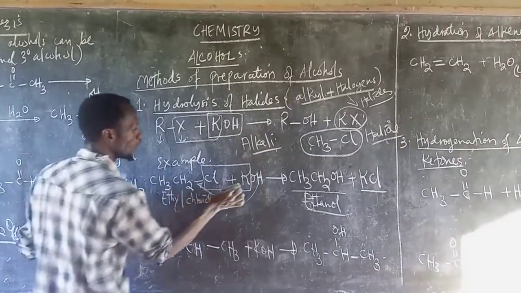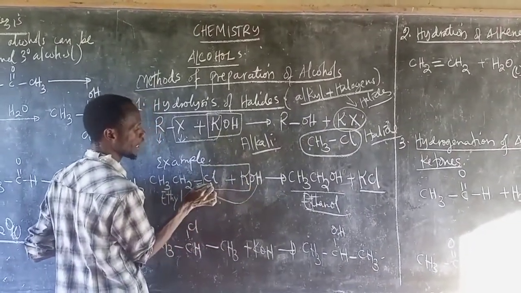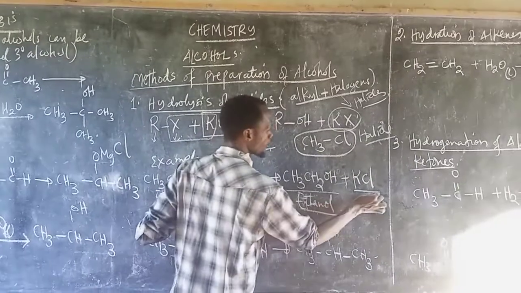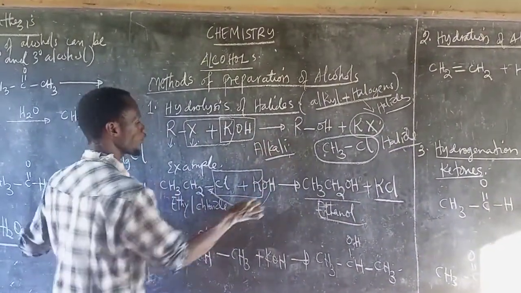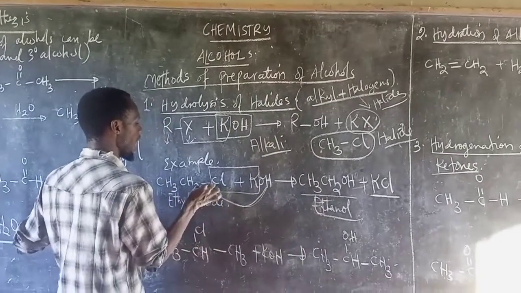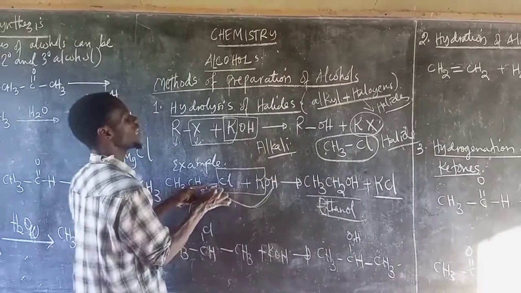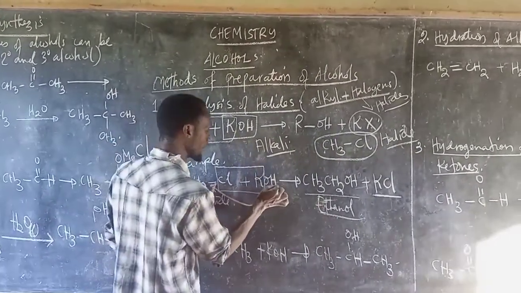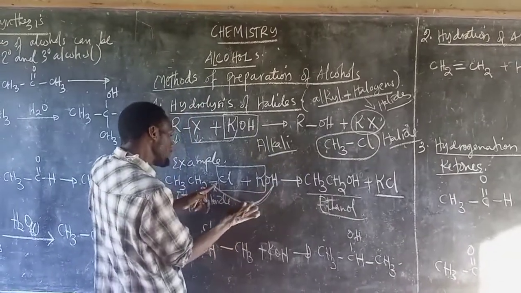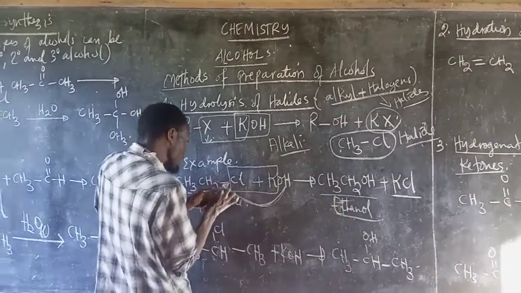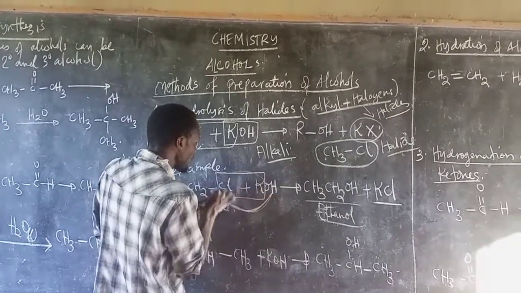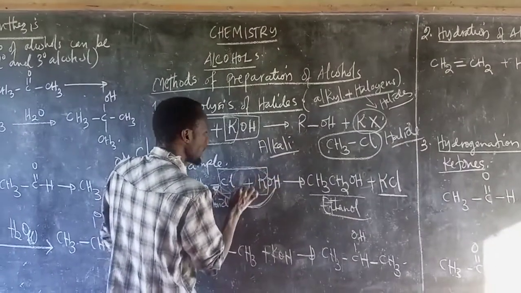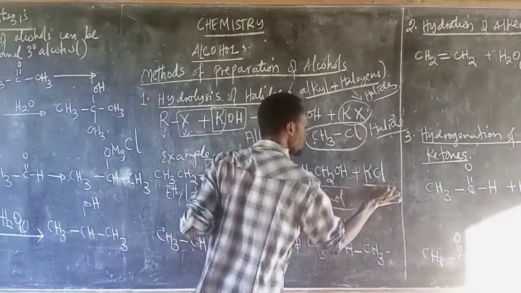Manake huyu ataungana kwa pamoja na huyu kutengeneza potassium chloride. Alafu huyu OH group atakuja kusubstitute hapa, atakuja kufanya replacement. This OH group will come and replace the chlorine that is getting together with potassium to form potassium chloride.